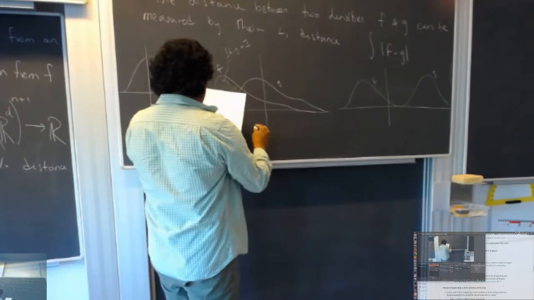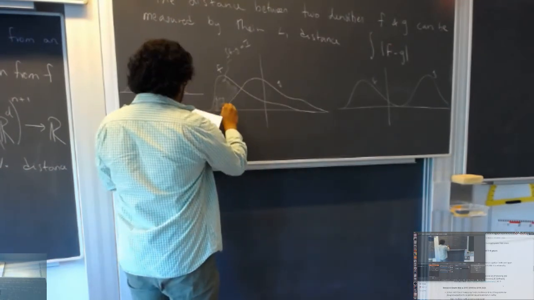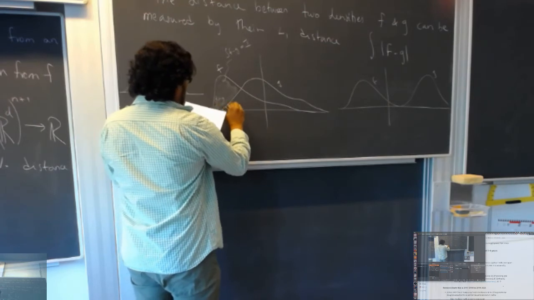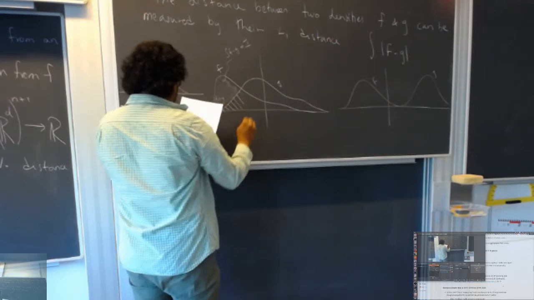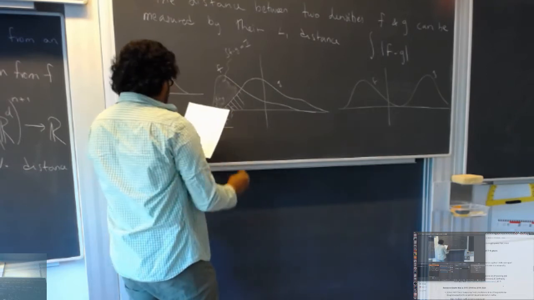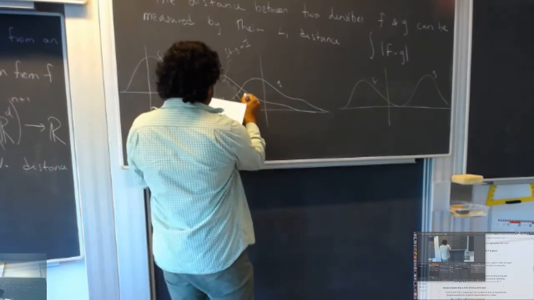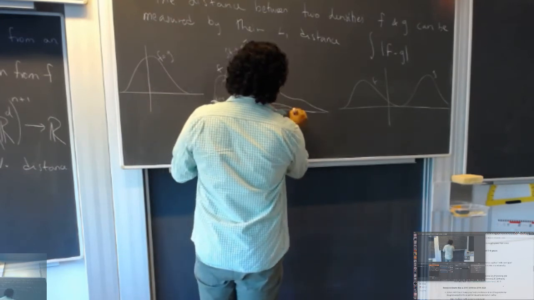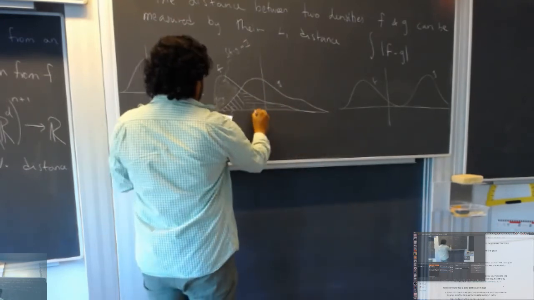I'm going to have another piece here, which I'll call Roman 3, and another piece here, which I'll call Roman 4.